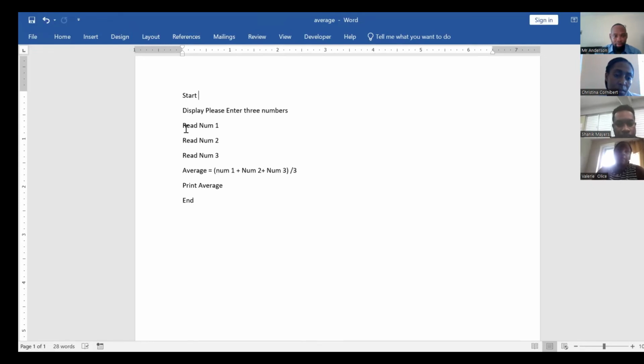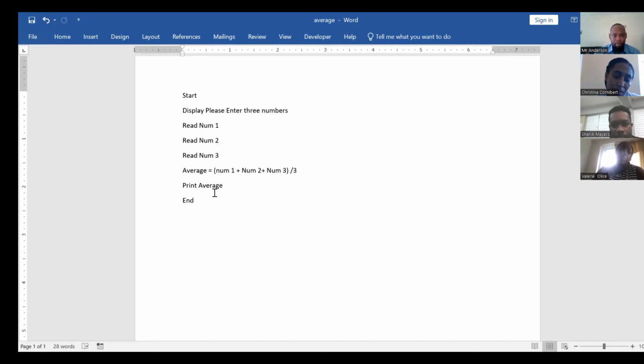Followed by, I chose the variables num1, num2, num3 to represent the 3 numbers. The program will read these 3 numbers, and then we're going to find the average. So I use the variable name average equals, of course, we must add the 3 numbers, and then we divide by the total number of numbers.